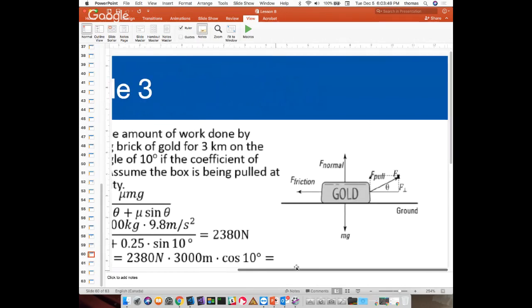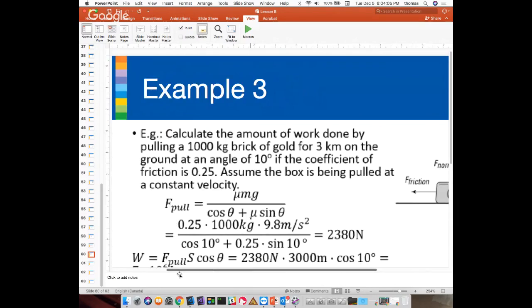So 1,000-kilogram brick of gold, right? That means that I take 1,000 times 9.8, so 9,800 newtons of force is the normal force, right? Now my coefficient of friction, they've given us that as well, is 0.25.